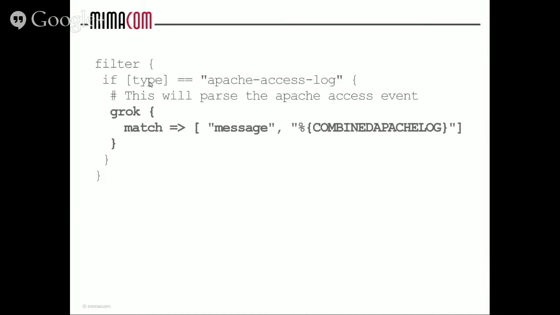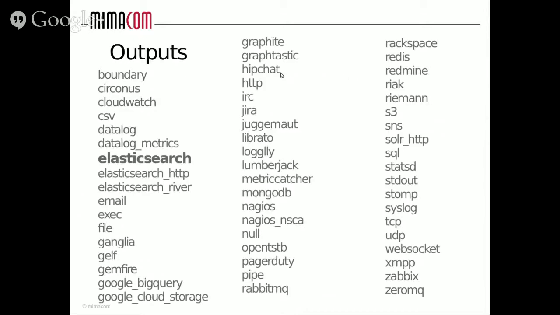And here is where the type is very important, because in one installation of Logstash we can find lots of logs: Apache logs, syslogs, some custom logs, a lot of kinds of logs. So we can split these logs into different types, and for each type we can have a different way to deal with it.